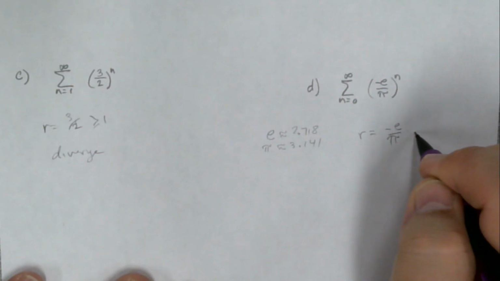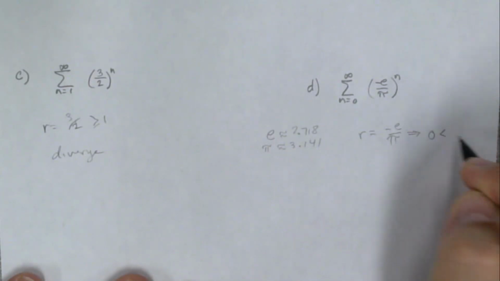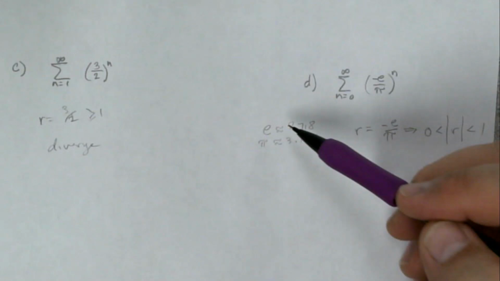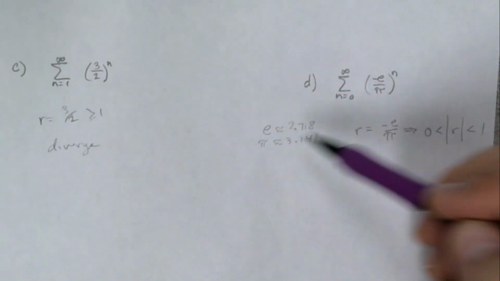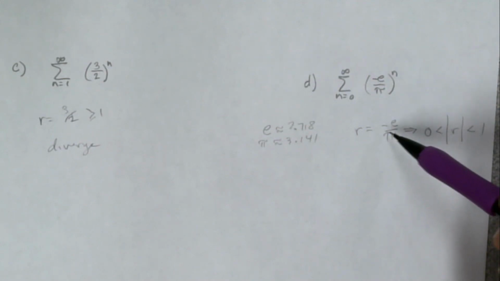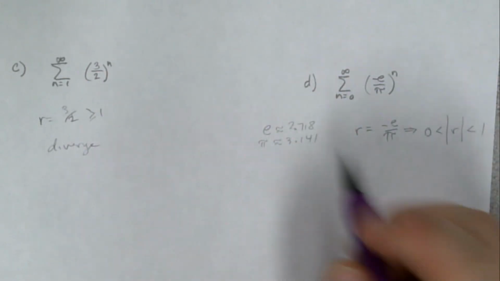Well, if I take this value as an absolute value, so ignore the negative portion of it, it's going to be between 0 and 1. Take a look at it. That number divided by that number is less than 1. An absolute value ignores the negative. So this number is between 0 and 1, which means this series will converge.